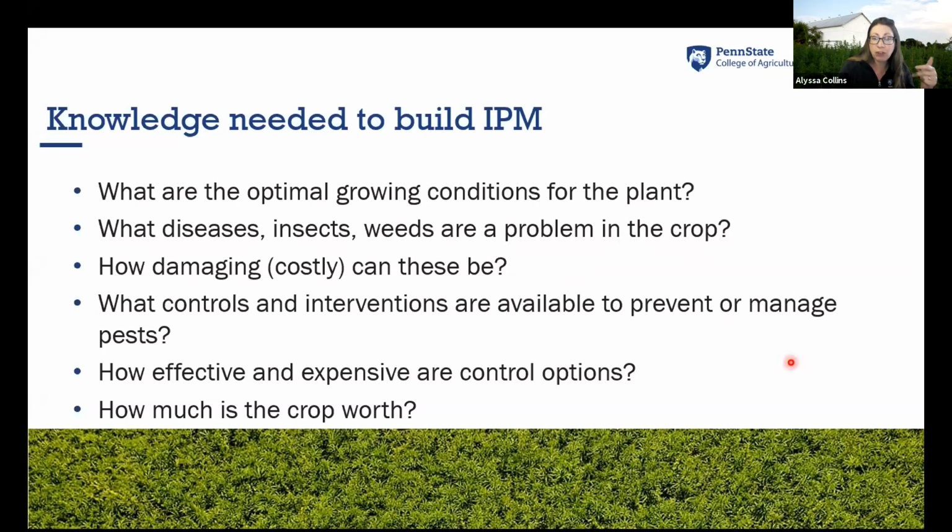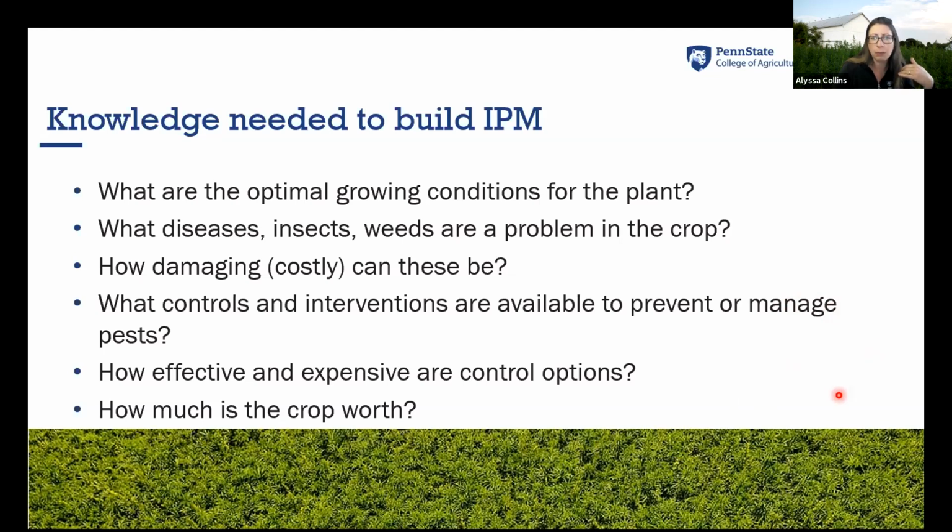What controls and interventions are available to prevent or manage your disease? So first, knowing the diseases you're probably going to be facing, then you can arm yourself with the knowledge of, well, what can I even do about it? And find out how effective or expensive are those? Right now, that's where we're at in the industry in trying to learn more.